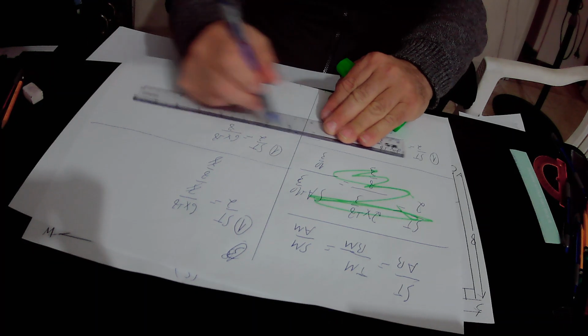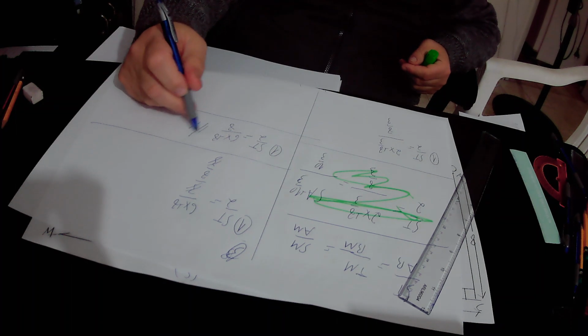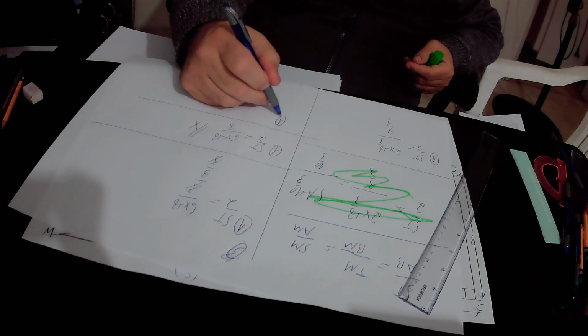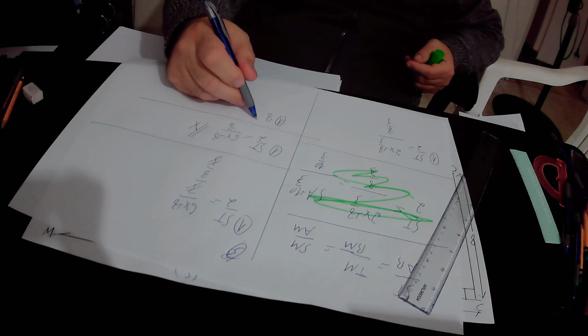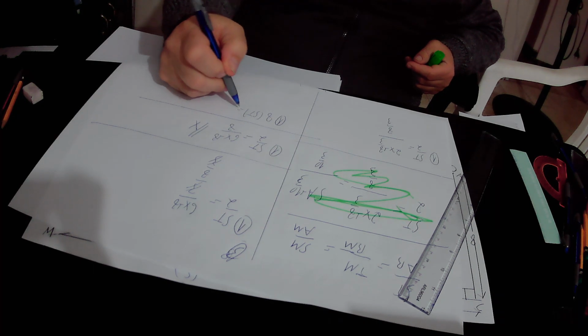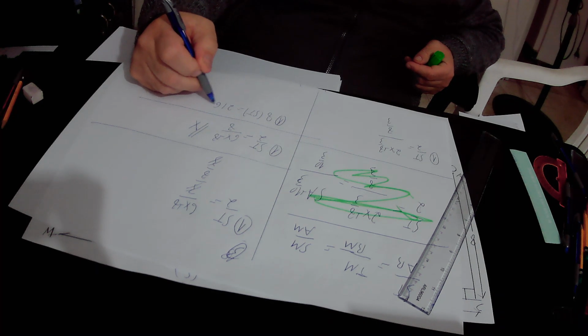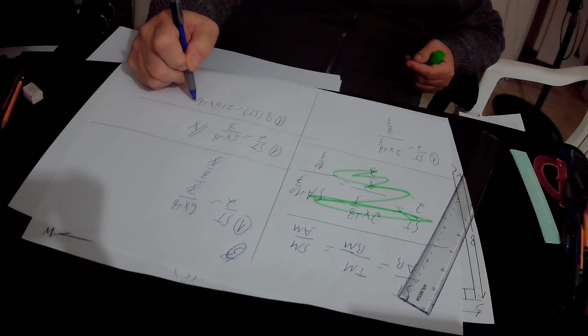So here we cross multiply equation 1, and we get that 8 times ST equals 2 times 6x plus 8.